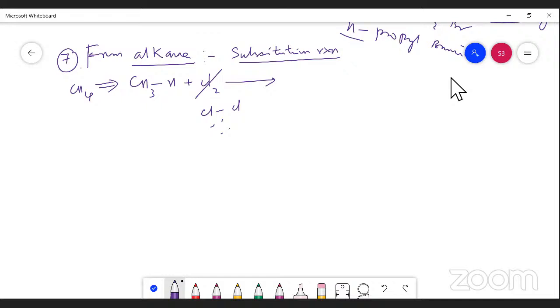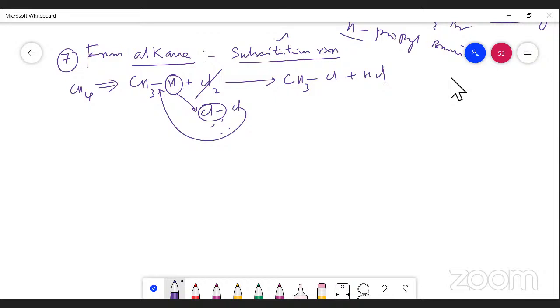What will happen here? This Cl reacts with the hydrogen to form HCl. Now this chlorine is substituted. That is substitution. Instead of hydrogen, chlorine is substituted. Now the product formed is CH3Cl plus HCl. That's all. The first substitution is over.